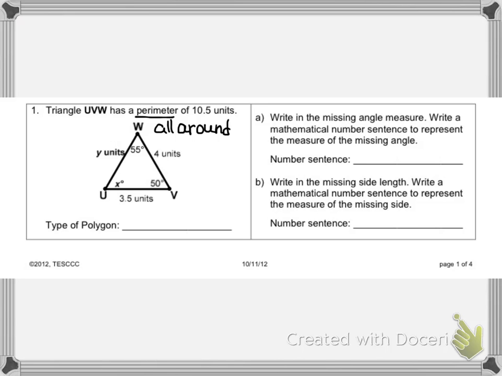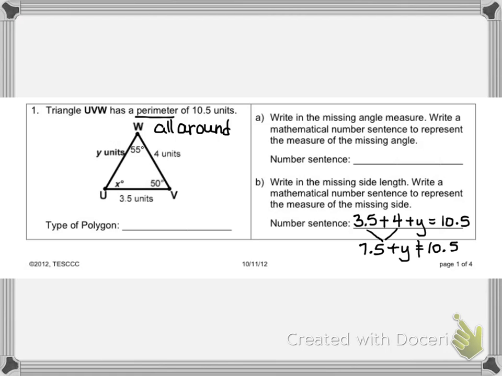So my number sentence is going to be 3.5 plus 4 plus Y equals 10.5. We got to combine these two, correct? What is 3.5 plus 4? 7.5. 7.5 plus y is equal to 10.5.